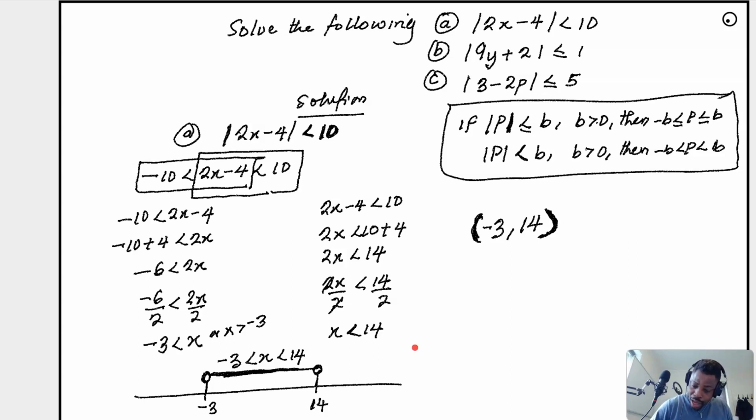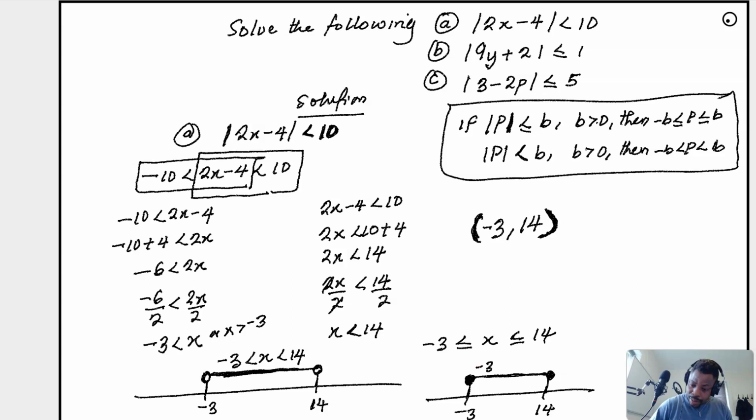But in a case where you have something like this, for an example, minus 3 less or equals to x less or equals to 14, if I put this on the number line, as you have seen in part 2, this is going to be closed, which simply means dotted on this side, and dotted on this side.